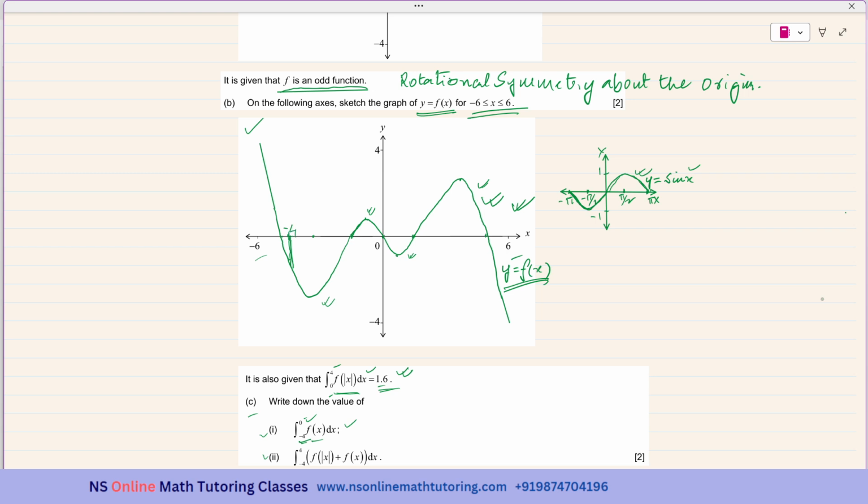So this portion and this portion: because this portion is below the x-axis, the definite integral from -4 to maybe b will be a negative value, and from b to 0 it will be a positive value.